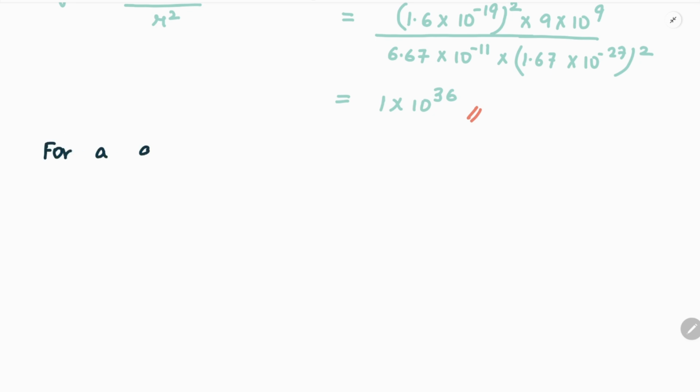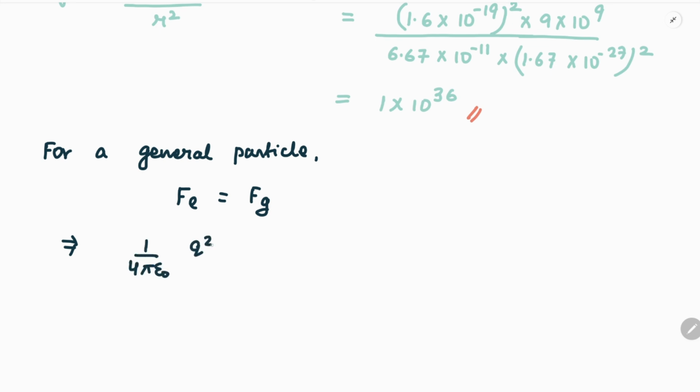We equate the value of Fe and Fg and calculate the charge mass value. We take K, that is 1 by 4 pi epsilon naught, Q1 Q2 being the same, by r square, and this is equal to G times the mass of the particle m square by r square.